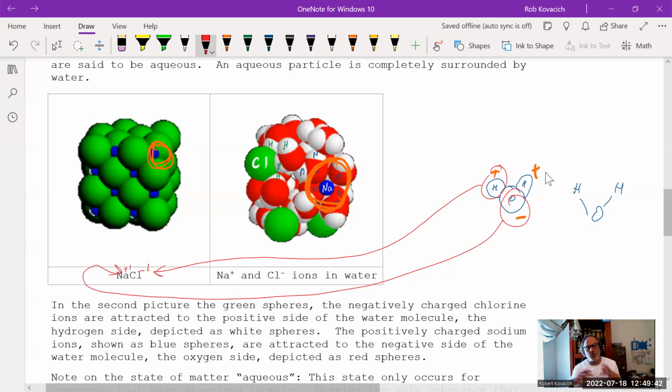So what's happening is the sodium chloride, the table salt, is getting plucked apart by the water molecules and being surrounded by them. So this sodium right here would be considered aqueous. It has been separated out from the rest and it is surrounded by water molecules.